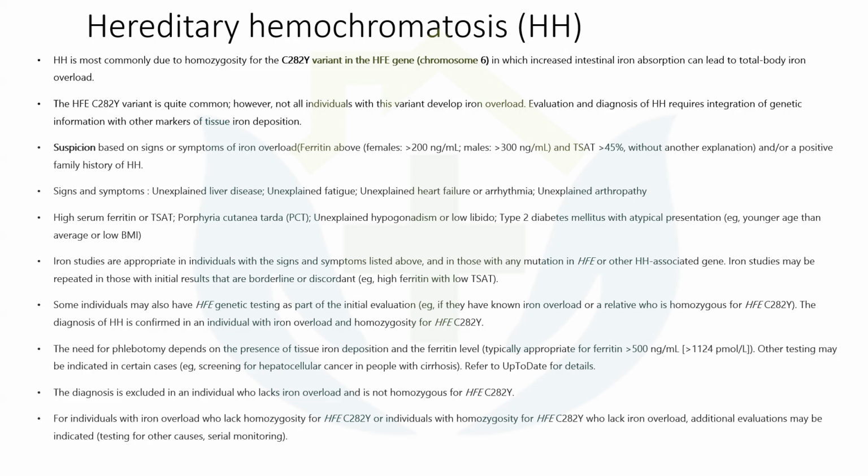The main organ involved is the liver, where iron is deposited, causing unexplained liver disease. The patient will also be more fatigued, can have heart failure as iron deposits in the heart as well, and some kind of arthropathy. There can also be skin deposition and testicular deposition with decreased libido and decreased testosterone.